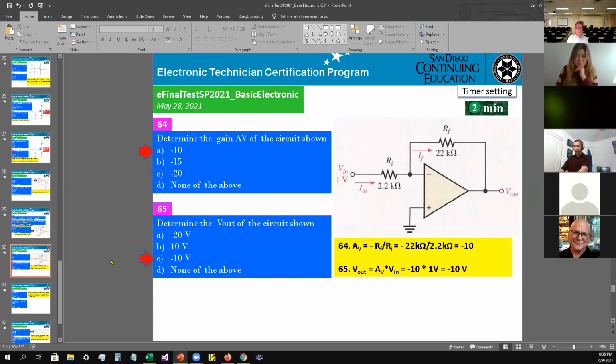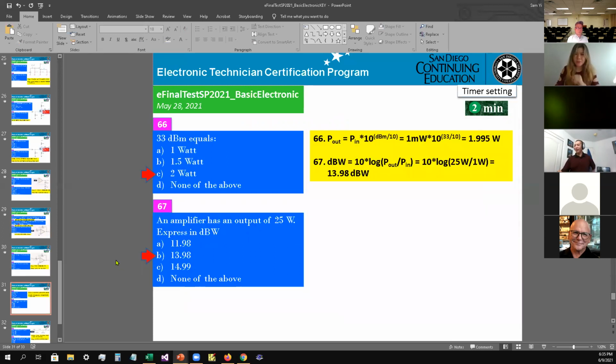All right, so we're good at 64 and 65? Yeah. All right, 66. 33 dBm equals how many watts at the output? They want to know that in watts. Therefore, P out equals P in times 10 raised to the power dBm divided by 10.